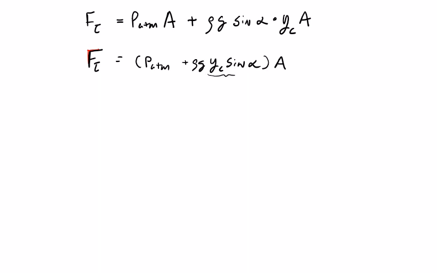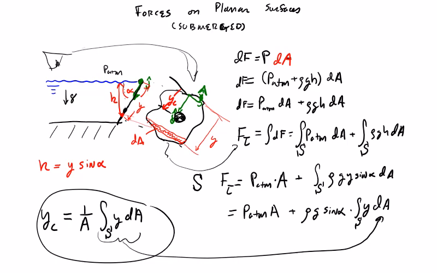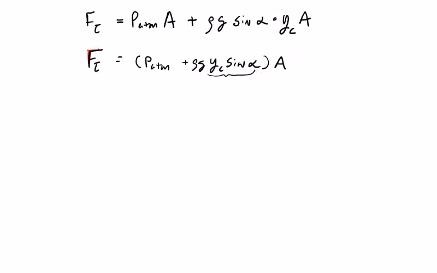Now, let's think about this. Going back to our picture, if this is YC, and we know that H equals Y sine alpha, then this YC sine alpha is equivalent to HC, which is the depth of the centroid under the surface.